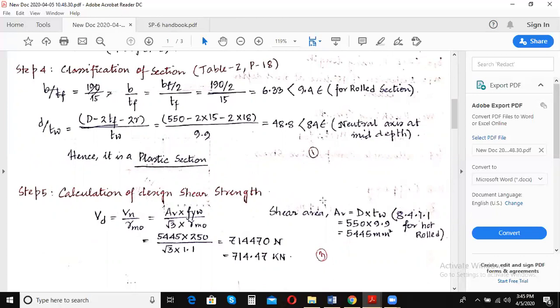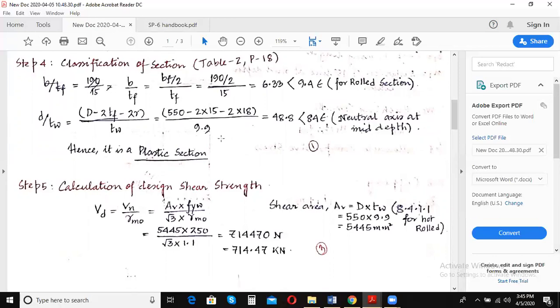Whichever section you choose should not become slender. It can be a plastic or compact section, and in the worst case you can allow a semi-compact section, but never a slender section. For this, the classification of section is required.